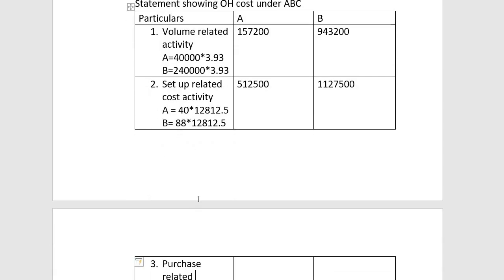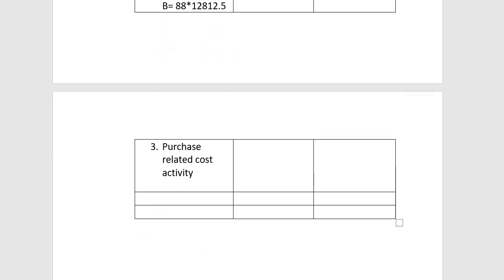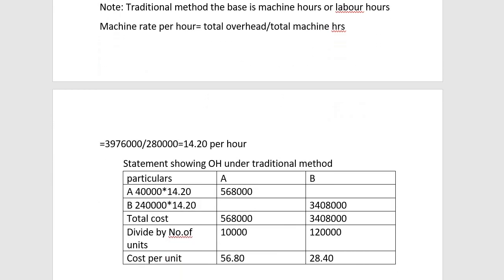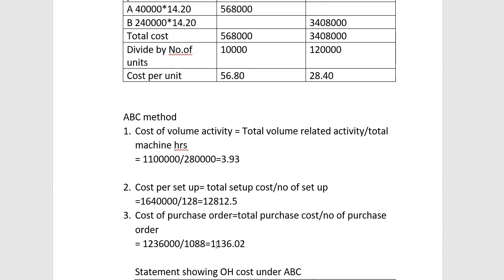And the third cost activity is purchase related cost. For purchase related cost, you need to identify the purchase orders. The total number of purchase orders for A is 320, for B is 768, and the cost per purchase order is 1136.02.